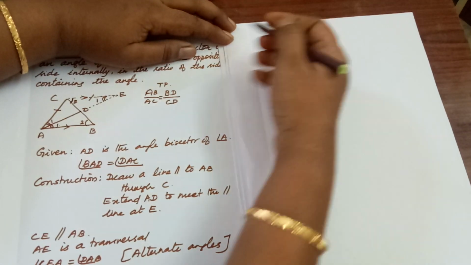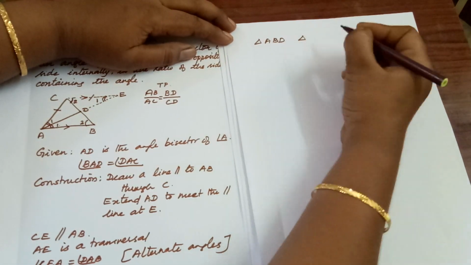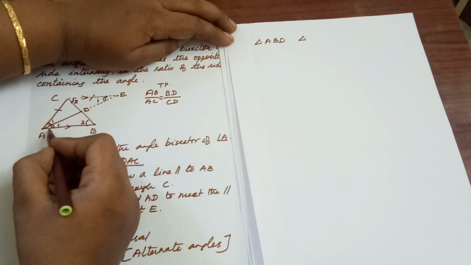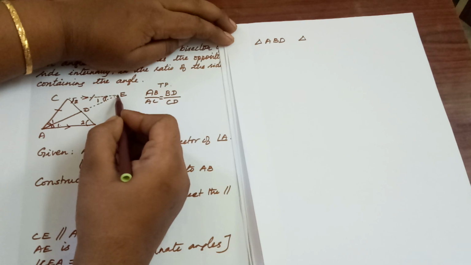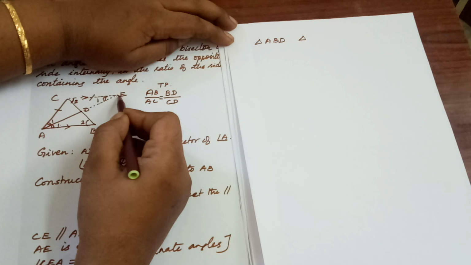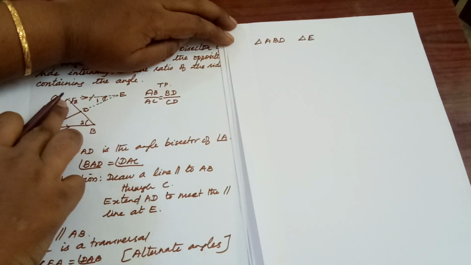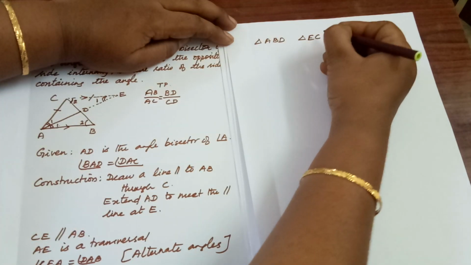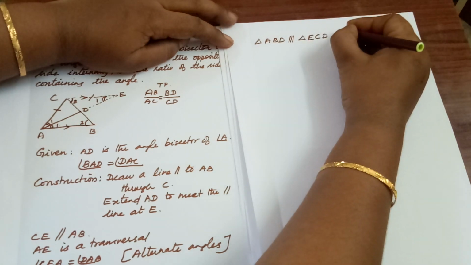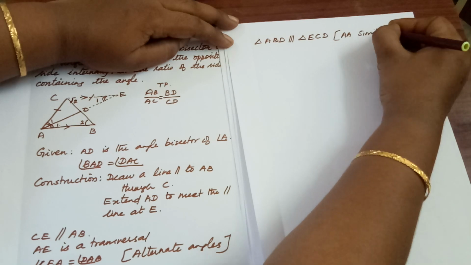So which triangles? Triangle ABD. And in naming the other triangle, we have to be careful. What is corresponding to A? E, because these two angles are equal. So we take E first, and in the place of B we have to place C, and then automatically D. So these are similar by the AA similarity criterion.